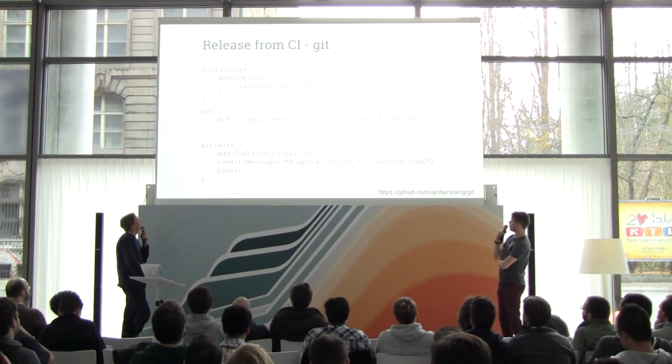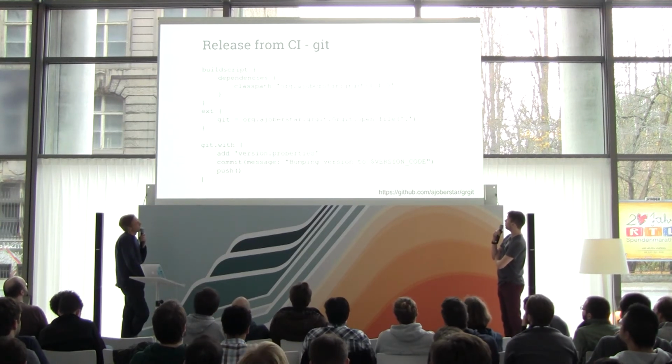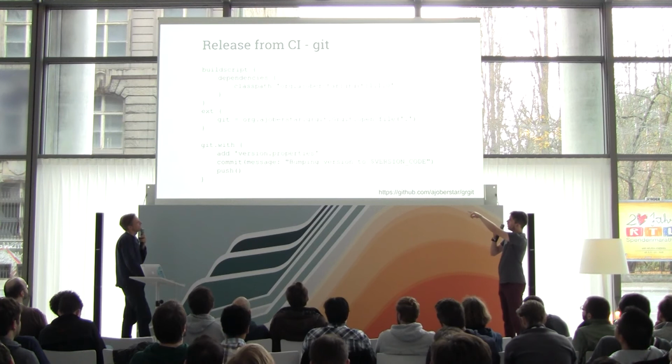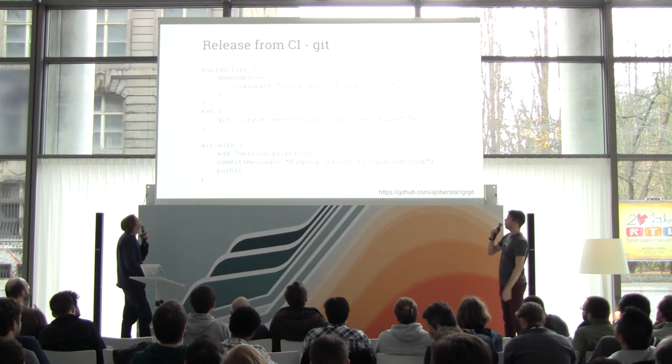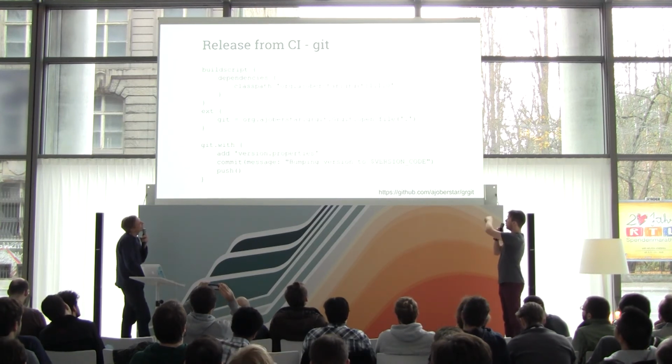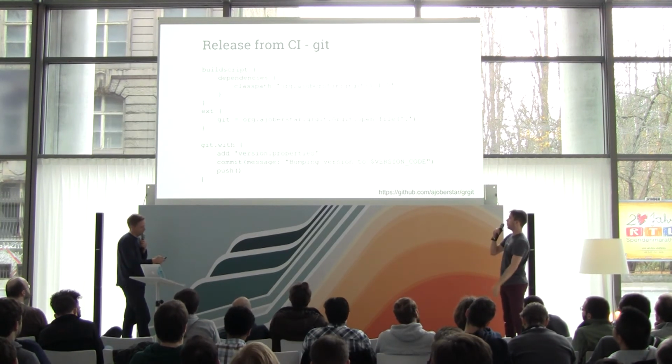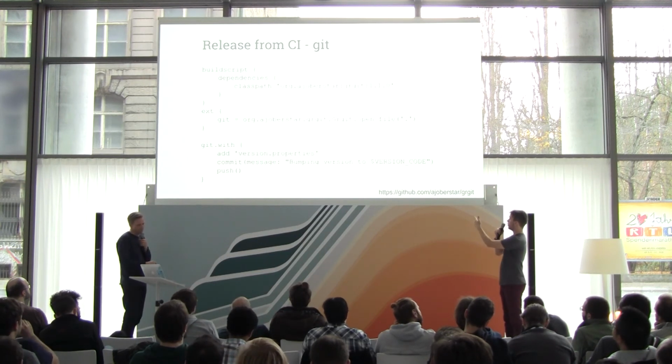Yeah, next we have to commit it, so we use a library, which is a thin wrapper on Git. Once again, we declare a short version in the extra properties, so we don't have to type all this. And then it's just a matter of saying, okay, I want to add this file, in this case the version properties, and I want to commit with a nice message.